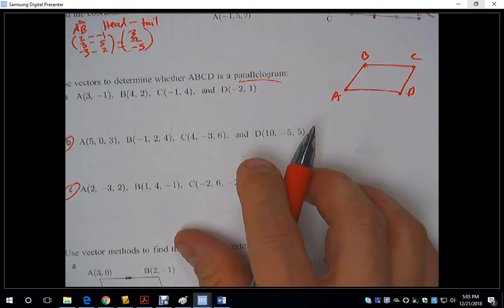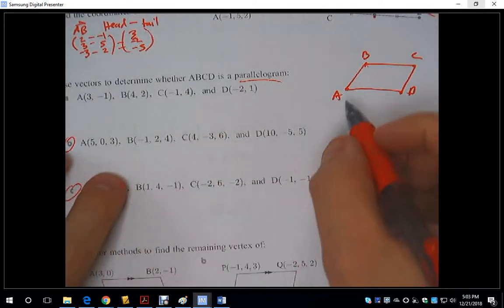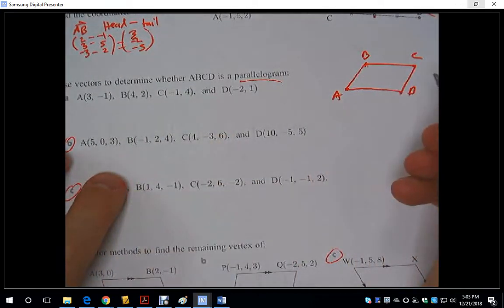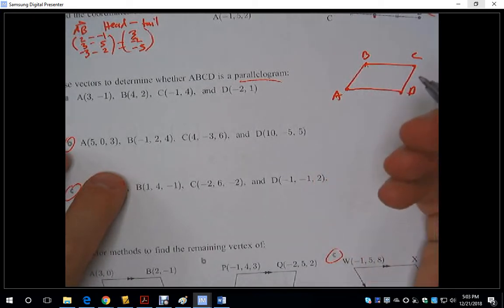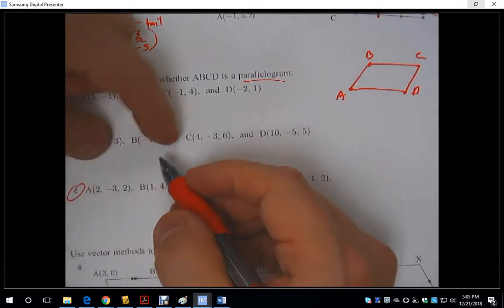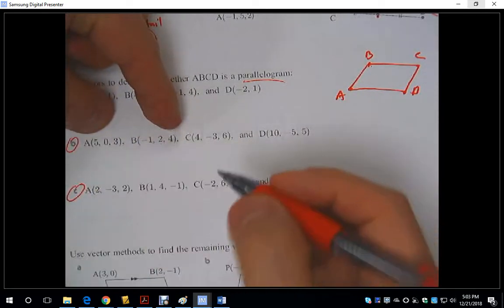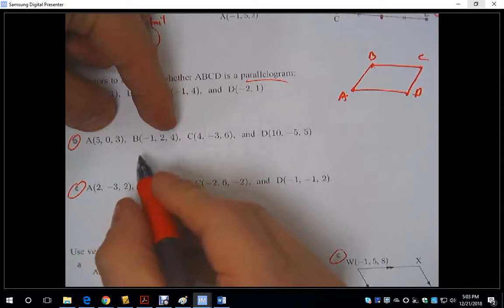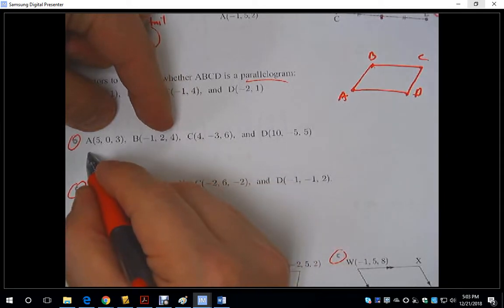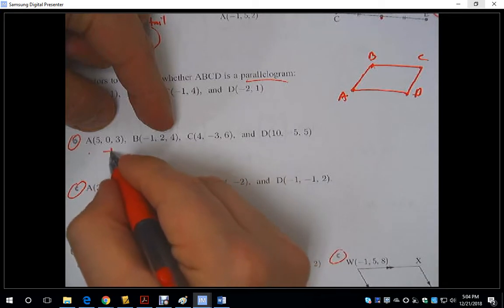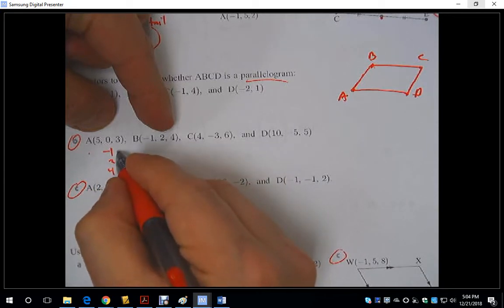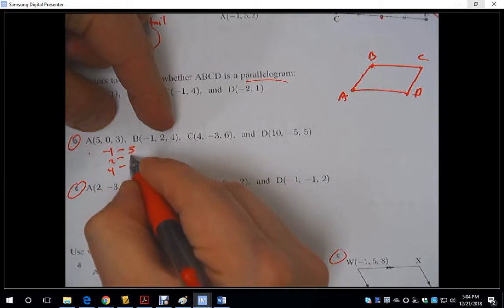So I would argue that if I can prove that the opposite sides are the same length, then that should be evidence that it's a parallelogram. So this distance here, well, I'll do one. This magnitude here is head minus tail, so we'll take -1, 2, 4 and subtract 5, 0, 3.